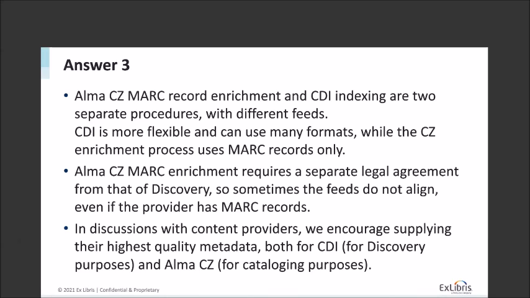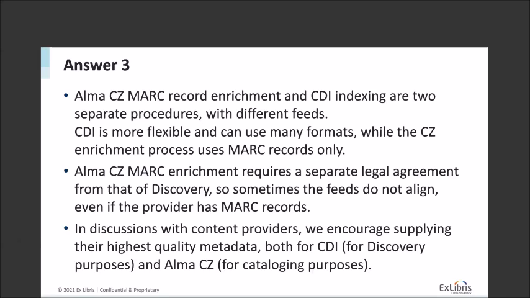Of course, these records do publish to Primo, and they can serve the discovery. They can be used for discovery purposes. I mean, users can search on them and they find what they need. And this is very good because we actually give more options to the libraries.